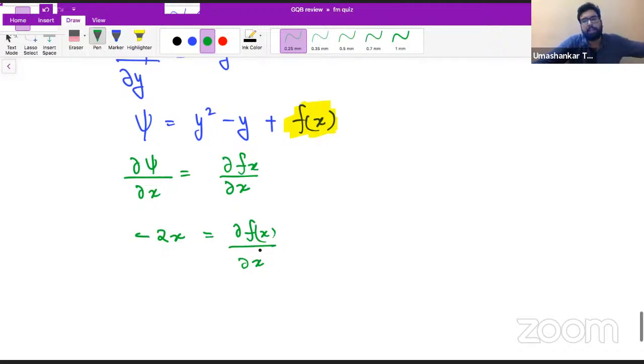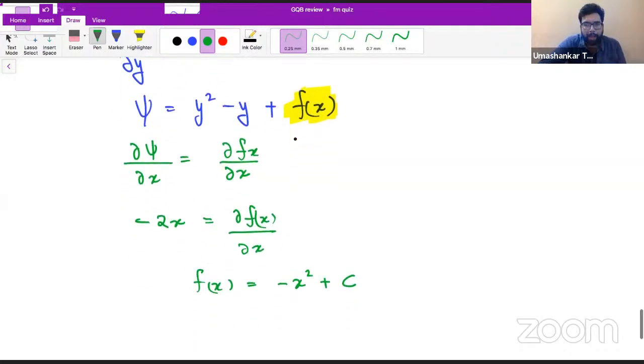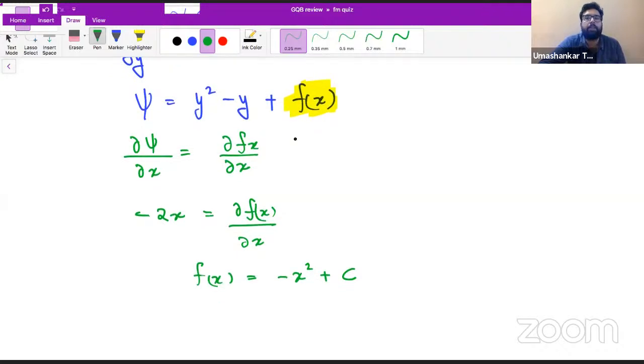If I integrate this equation, I will be getting minus x square plus a constant, because previously we integrated with respect to y and now we are integrating with respect to x. So obviously we are going to get a constant value, which is neither a function of x nor y.